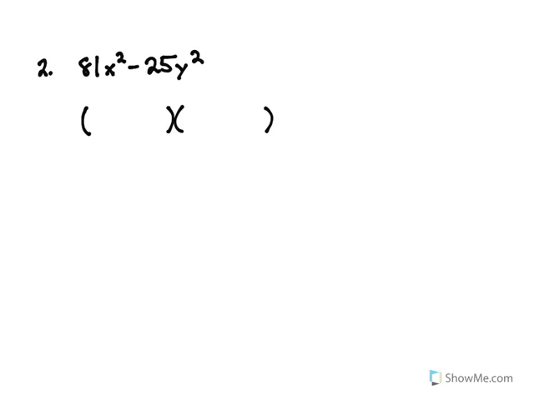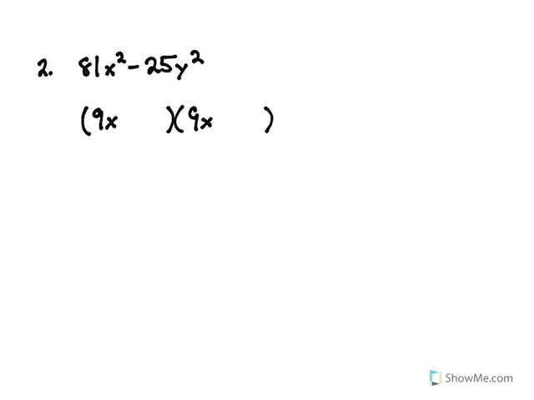We don't need any special technique to do this. It's going to be done like this every time because it's a very unique pattern that will happen all the time as long as both of these terms are perfect squares and as long as it's the difference, not the sum. So what times what is 81? Well, it has to be 9. And then what times what is x squared? Well, it has to be x. So we have to attach the x's with those 9's.